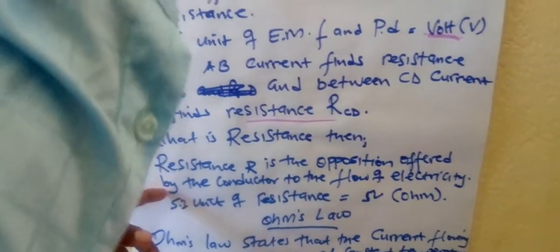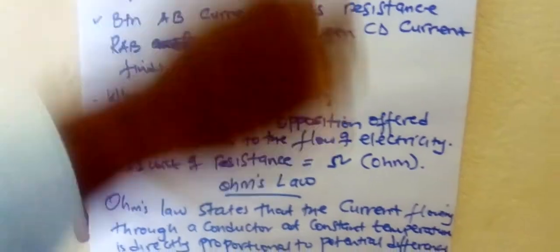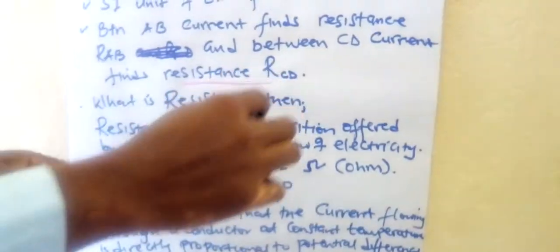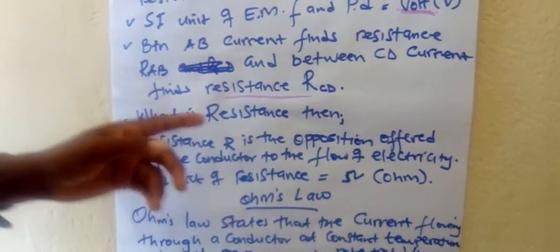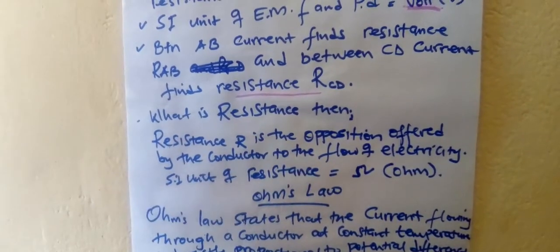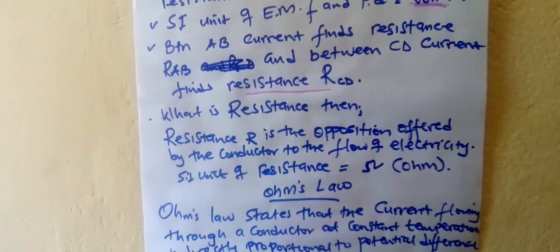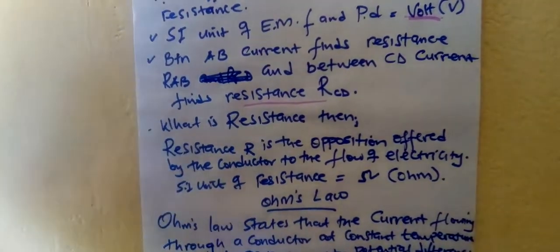Remember, we said current means flow of charge. When the flow of charge is resisted, we get what we call resistance. Resistance is the opposition to the flow of electricity, or flow of charge, or flow of current.